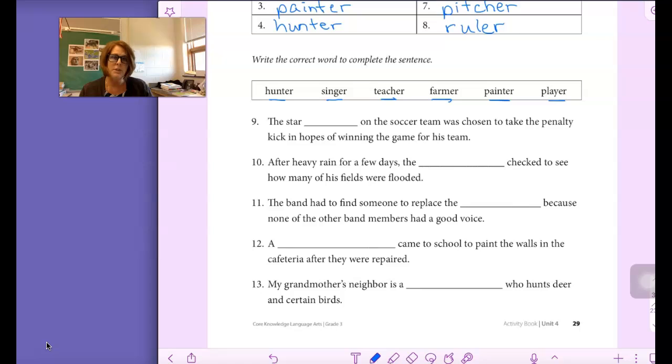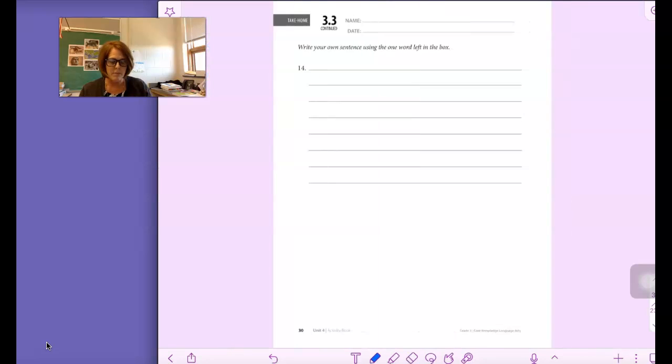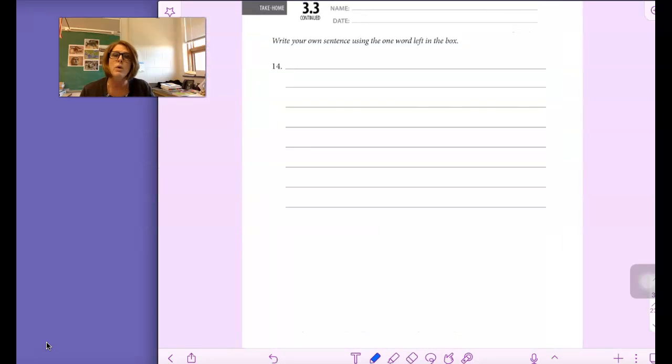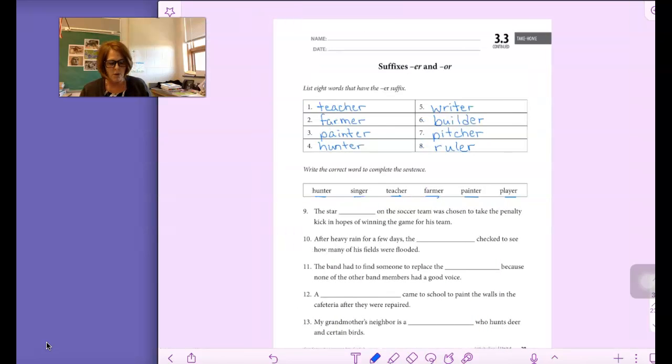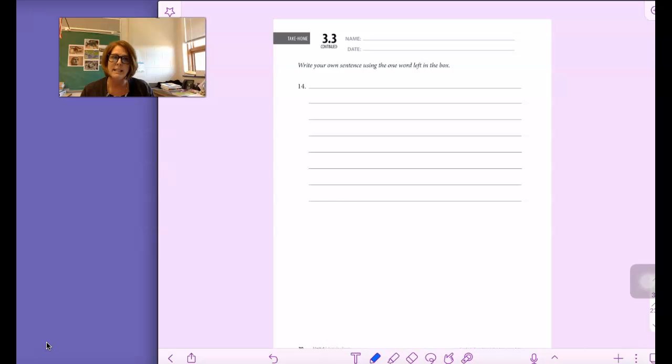So 9 through 13, you're going to fill in the correct word in the blank. And on number 14, it says write your own sentence using the one word left in the box. So out of these words, one word is not going to be used, and you're going to use that word in your sentence in number 14.